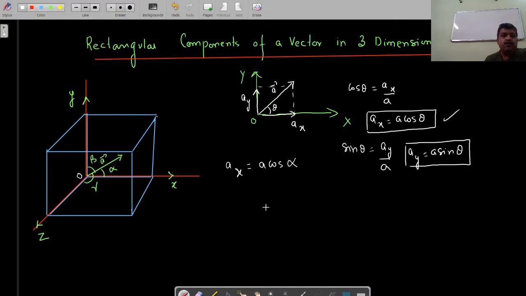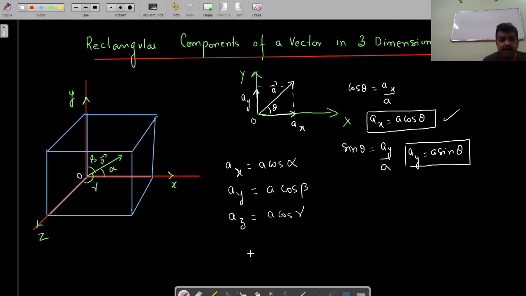A also makes an angle beta with the y-axis, so ay is equal to a cos beta. Similarly, az, the component along the z-axis, is equal to a cos gamma, because gamma is the angle made with the z-axis.